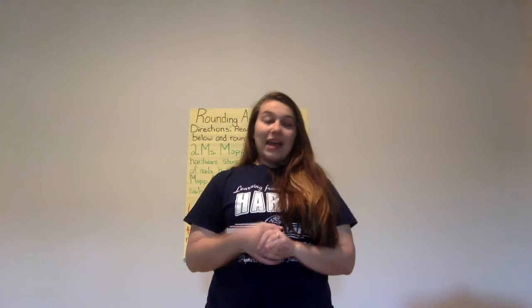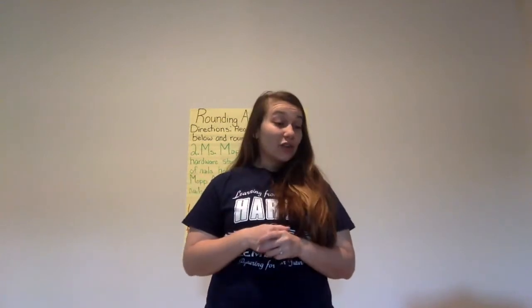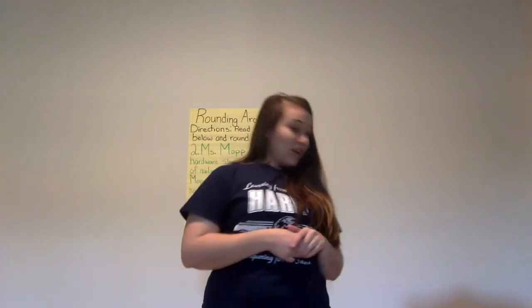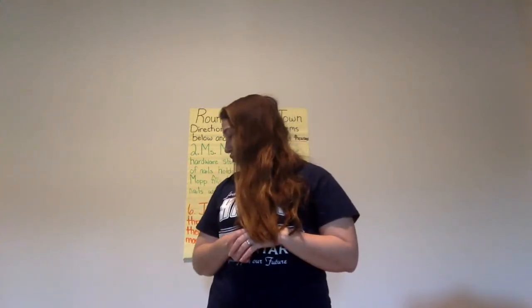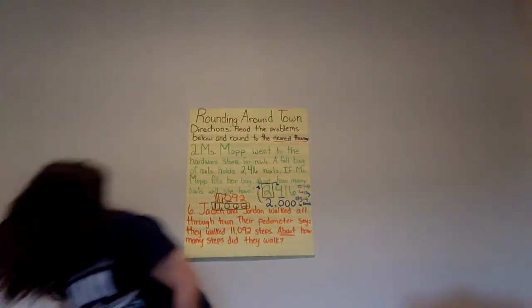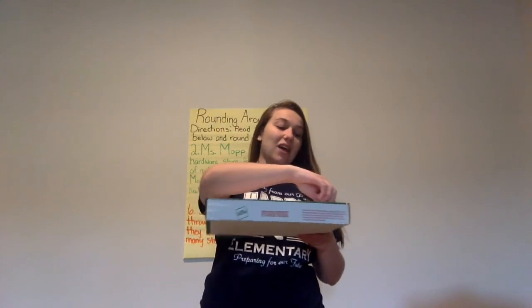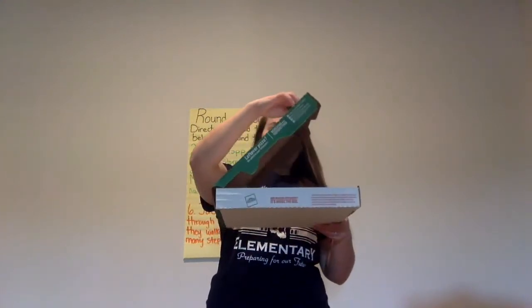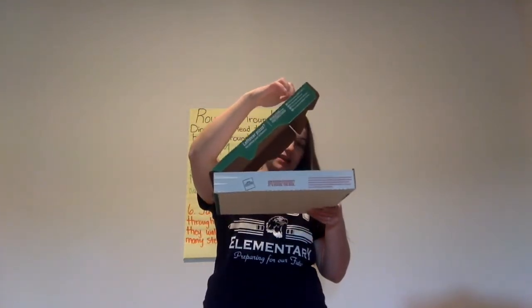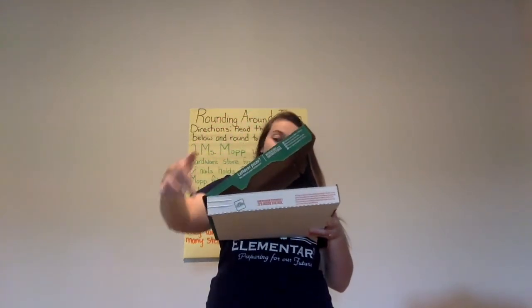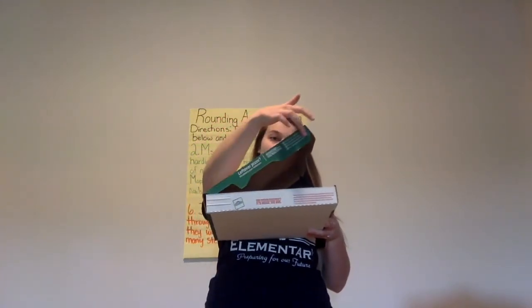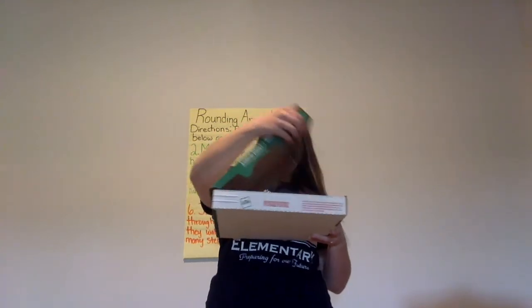So angles can be found in pretty much everything. If you look at one of your chairs, for example, which I don't have one that I can pick up. Let's see. All right, Miss Grillo had pizza last night, okay? So if I open the box like this, it is an acute angle, okay? Which means it meets right here, and we have my line up here and my line here.